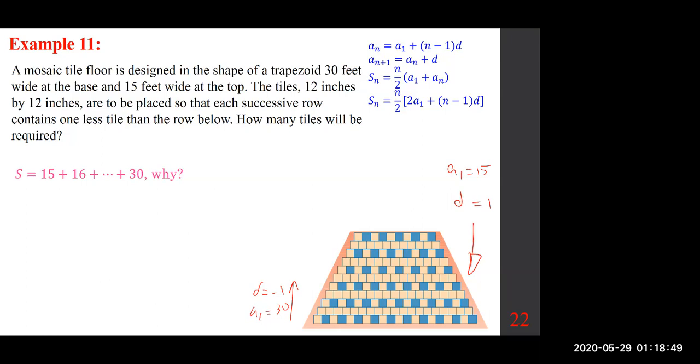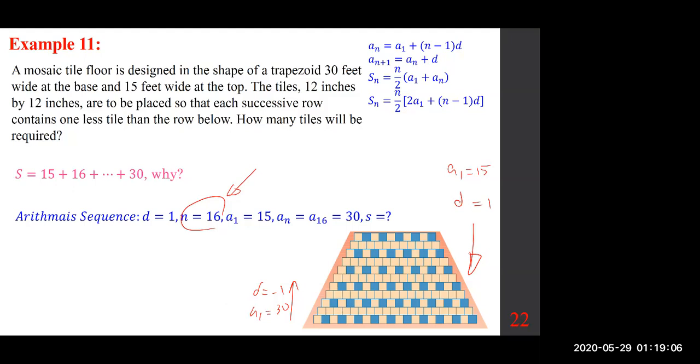Now, how many rows do we have? It's really 30 minus 15 plus 1. I hope you see that there are 16 rows. When you start from 15 to go to 30, let me make sure everybody understands how it's really calculated. The end points, you subtract them, 30 minus 15.